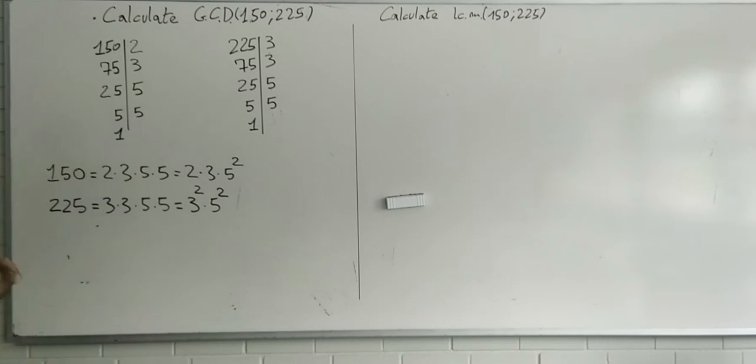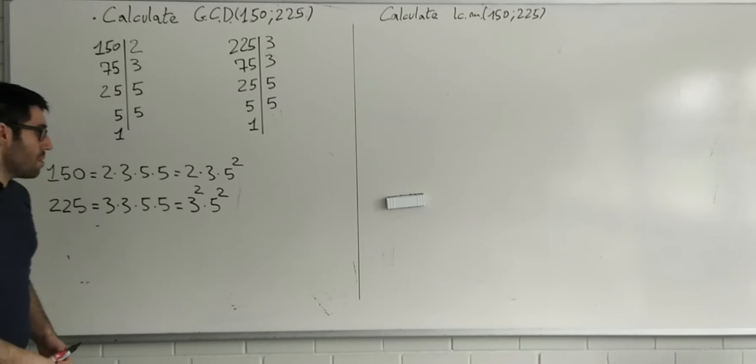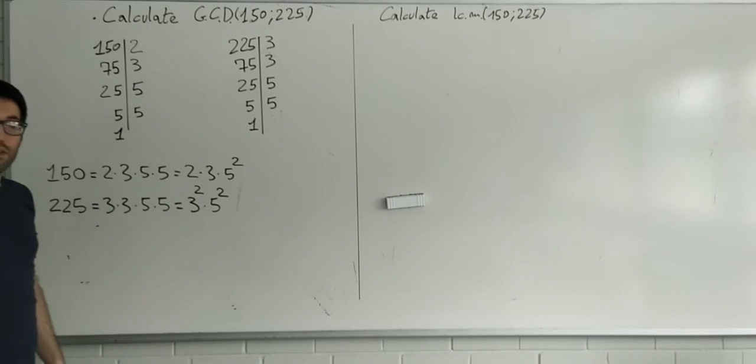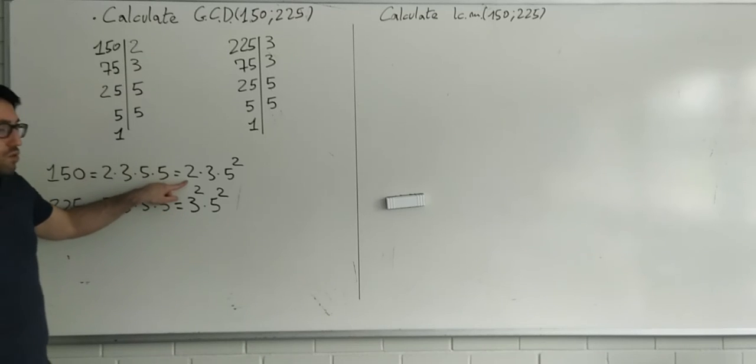Alright, we're done. We have factorized the two numbers. Now we have only the formality of calculating the greatest common divisor. Remember, we have to take the common factors with the lowest exponent. We start with 2.